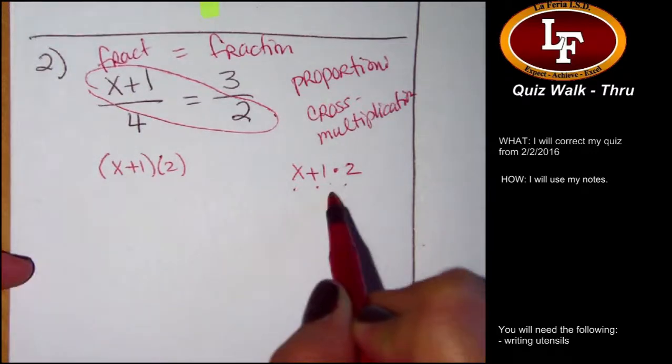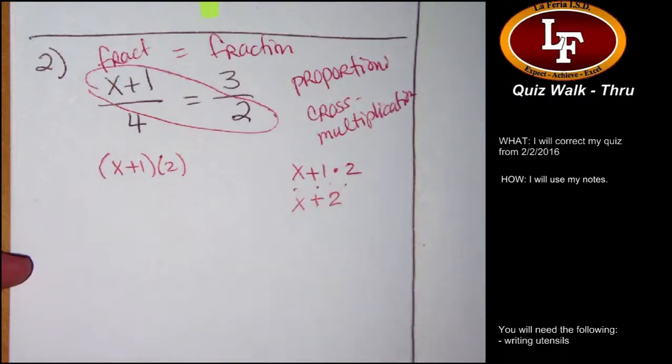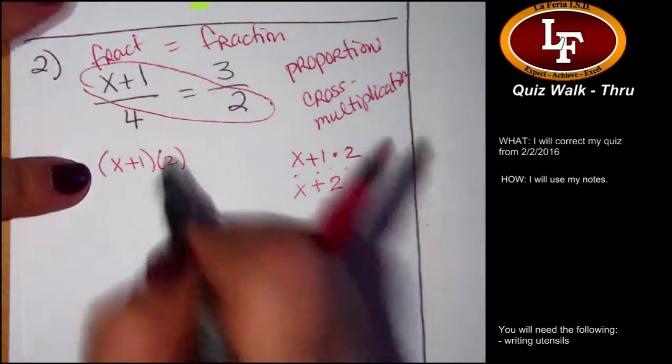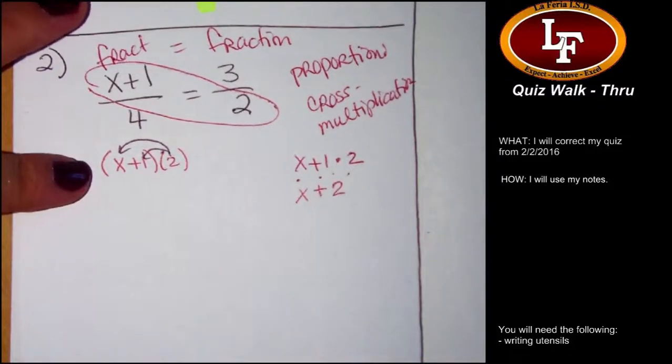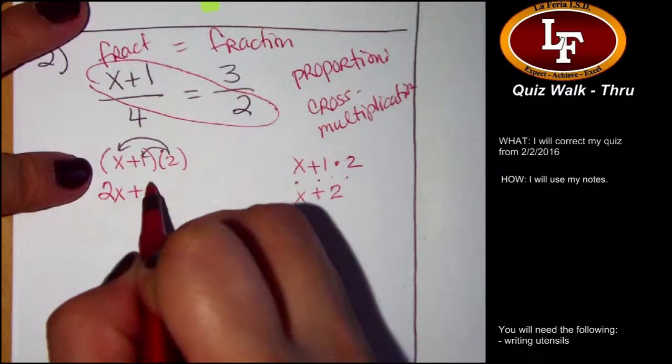1 times 2 is 2, and so it looks like this should be x plus 2. Whereas this thing says, I'm multiplying the 2 by everything inside the parentheses. This becomes a distribution moment. 2 times x plus 1 times 2.